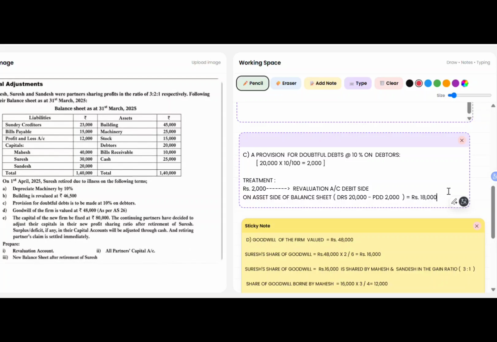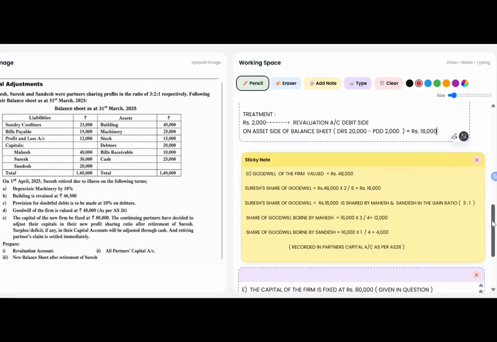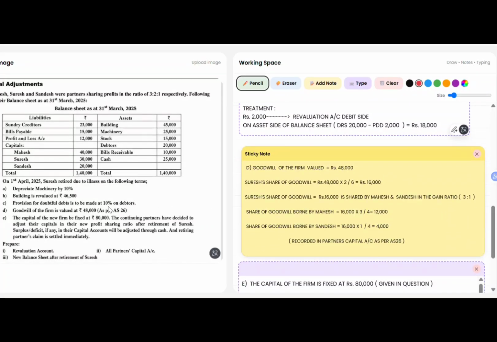Now moving on to the next important adjustment, that is the goodwill. So here the goodwill of the firm is given, valued at 48,000, and it has to be treated as per AS 26.